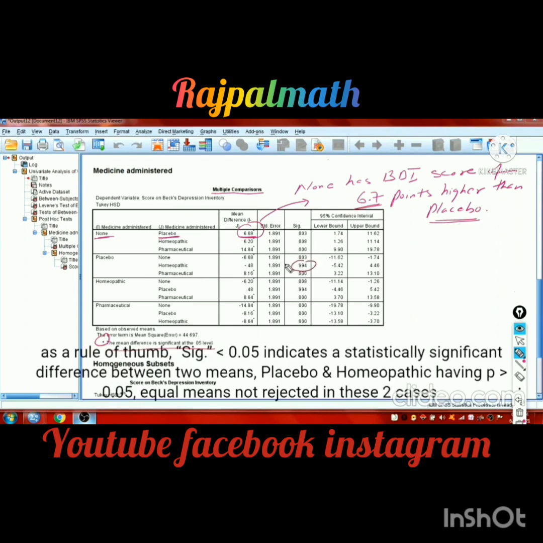As a rule of thumb, a significance value less than 0.05 indicates a statistically significant difference between two means. Here placebo and homeopathic have p greater than 0.05.